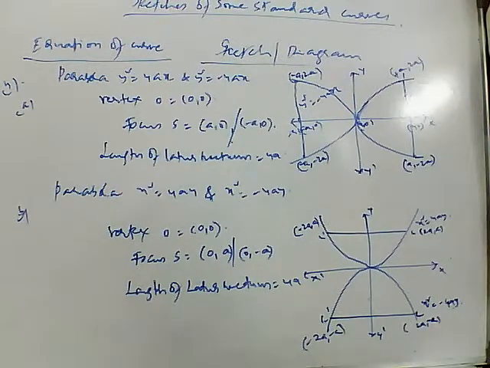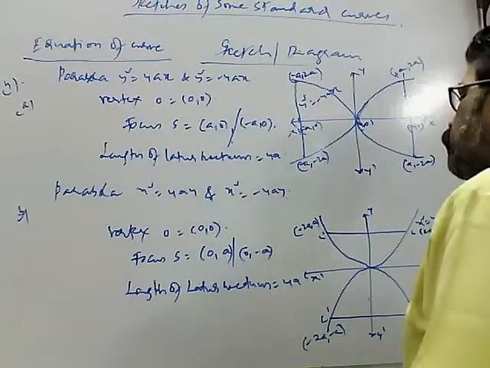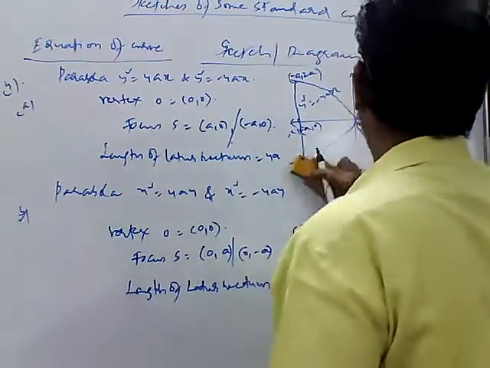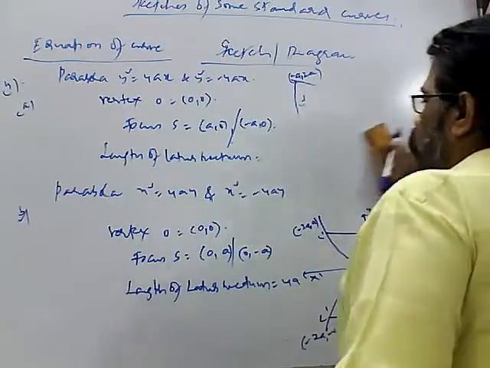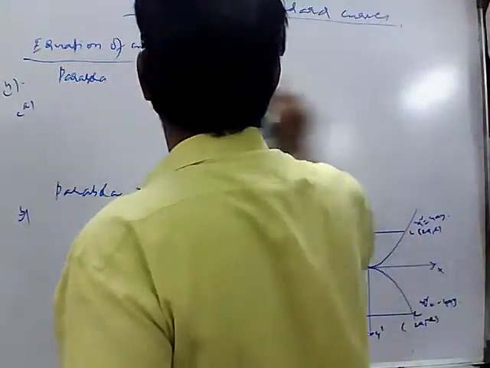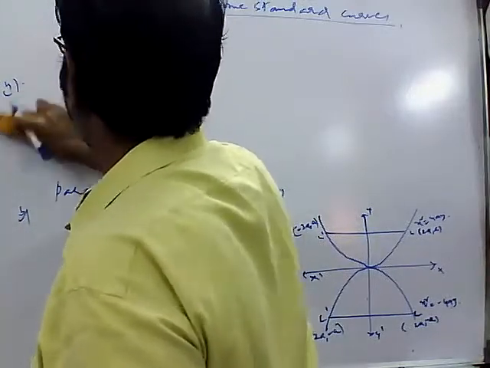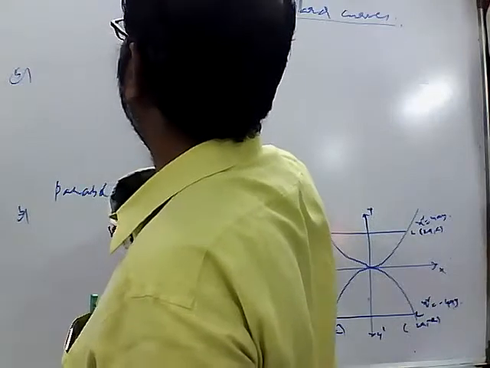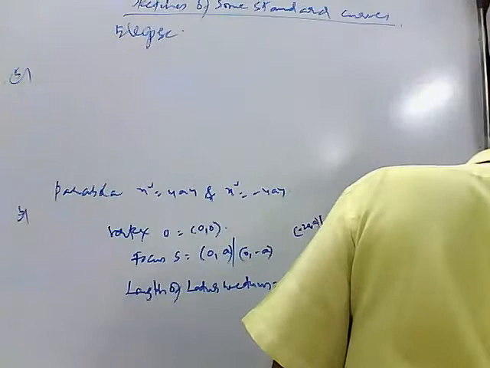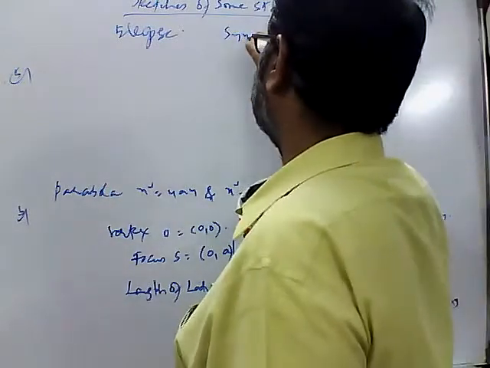Okay, so parabola you are clear, left and right parabola, up and down parabola. Okay. Next, ellipse. Symmetric to x-axis.